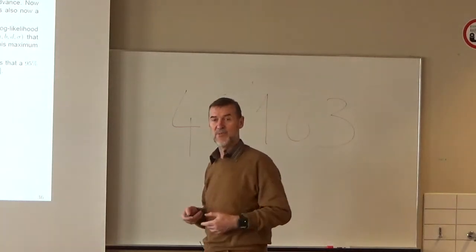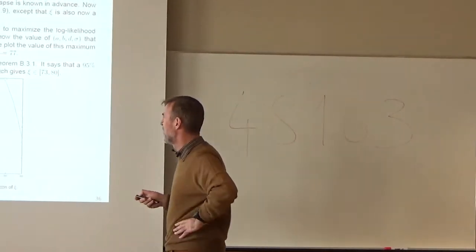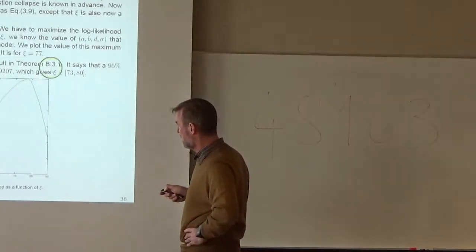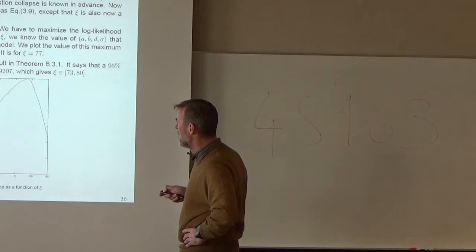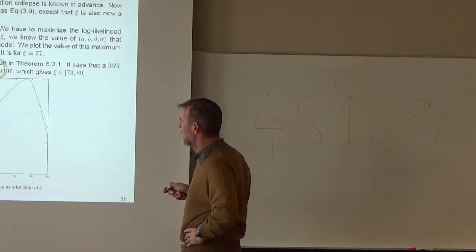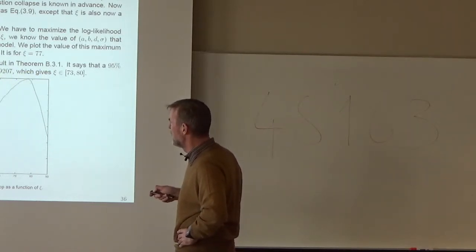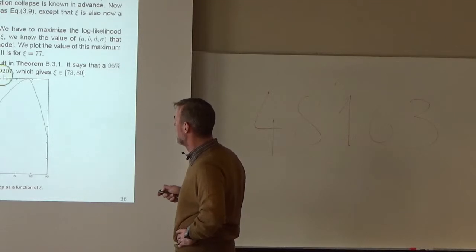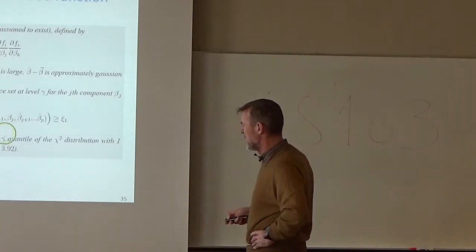But this theorem tells me more. It says that with probability 95%, I will find an error bar by saying that with probability 95%, the true value on the y-axis, I find the magical value that was given here, 392.